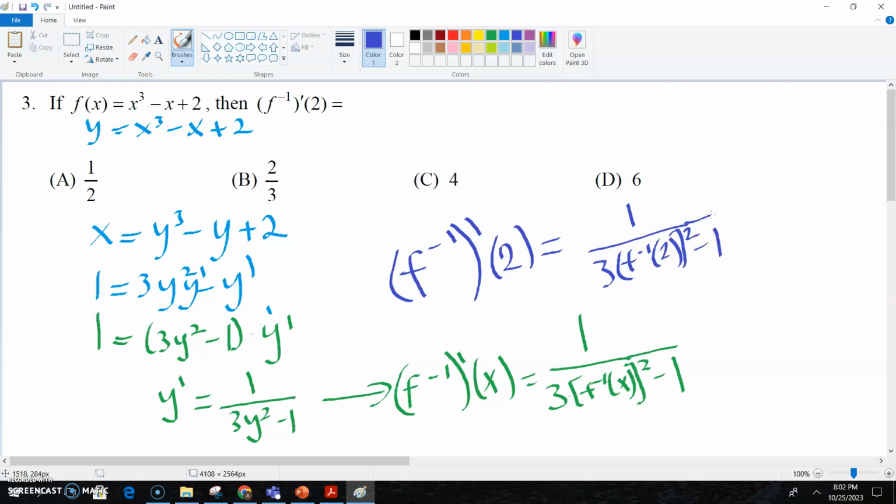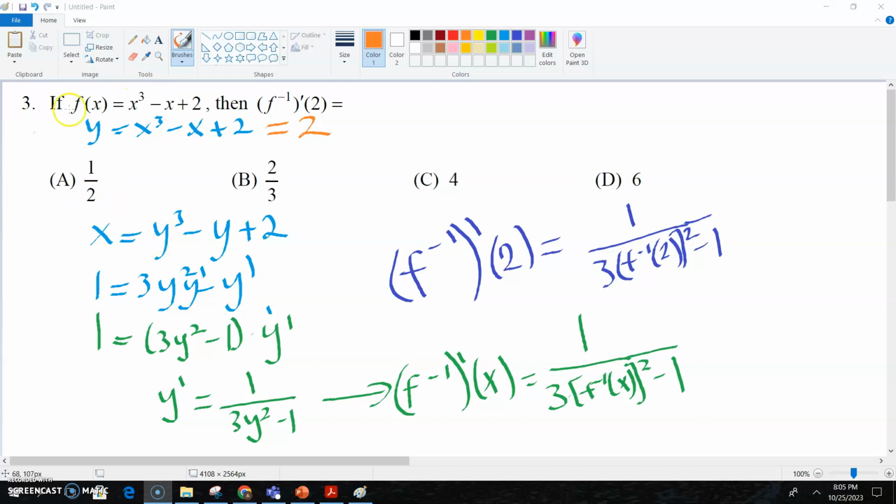And then looking here, in order to find f inverse of 2, we want to know, when does this function equal 2? Just through a little bit of guess and check, we can see that that is clearly a 0. Noticing that if I do say that f inverse of 2 is 0, I get 3 times 0, I get 1 over negative 1, and I do not see that answer. So I'm going to assume then that in this case it is not 0, and I'm going to try another option.